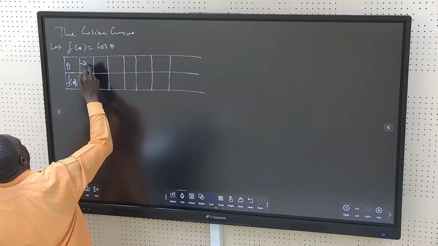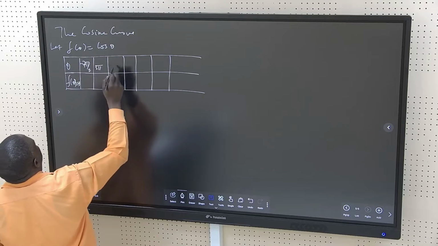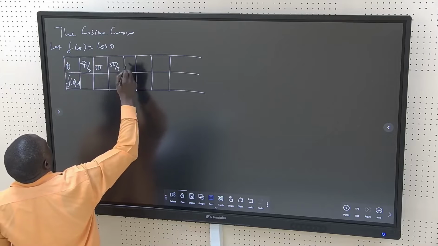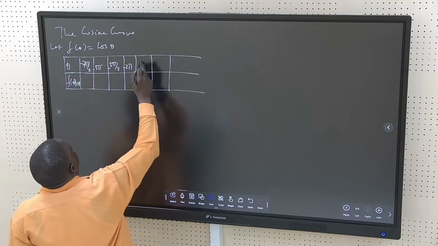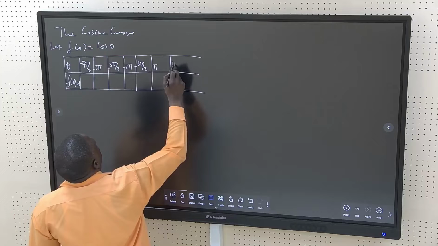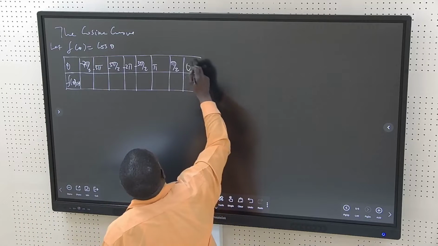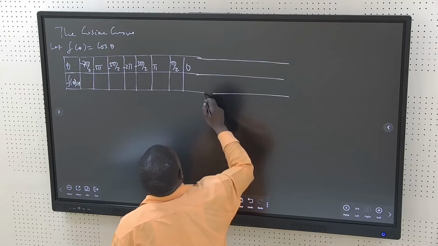You can have here negative 7 pi over 2, negative 3 pi, negative 5 pi over 2, negative 2 pi, negative 3 pi over 2, negative pi, negative pi over 2, and 0. I've extended these values.